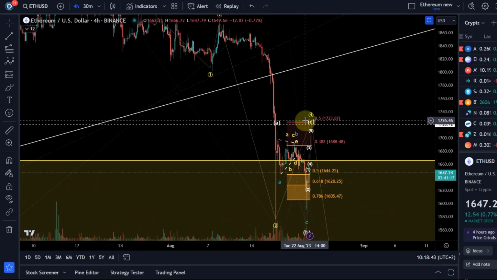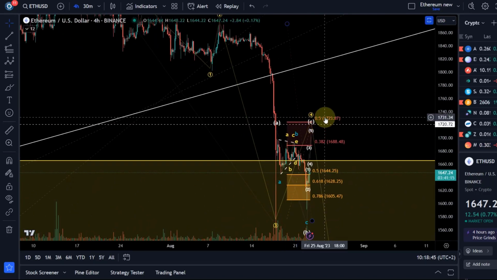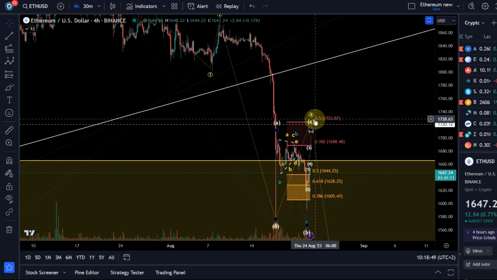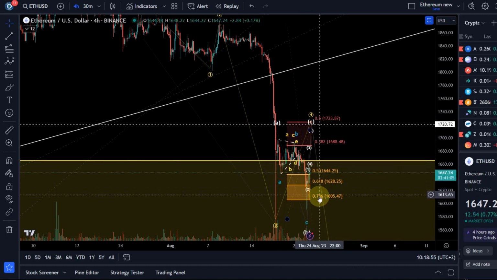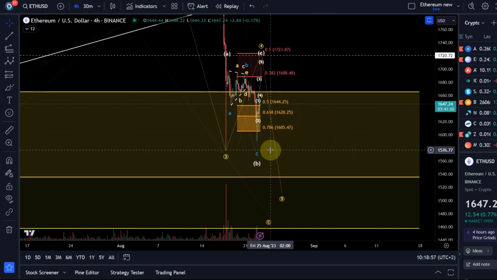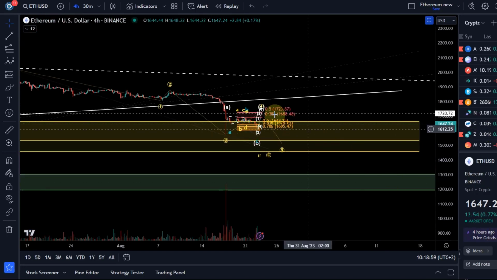So if price breaks now above 1723, then we can start to talk about that a low is in. It would not be final confirmation, but we can start to talk about that. At the moment, I haven't got even any kind of indication that a low is in, other than the pure possibility.